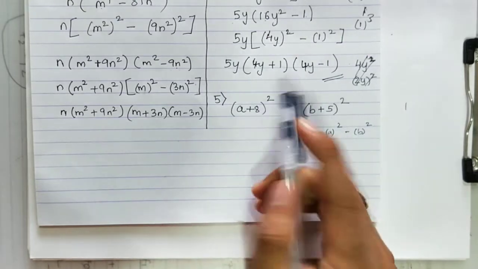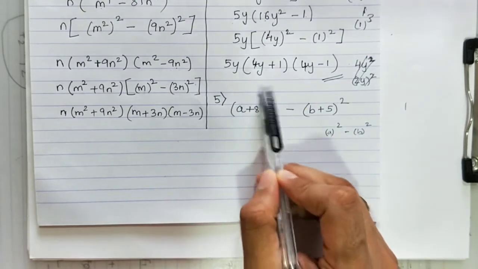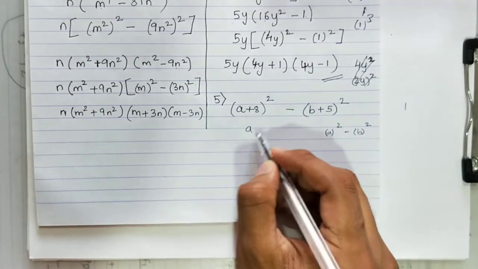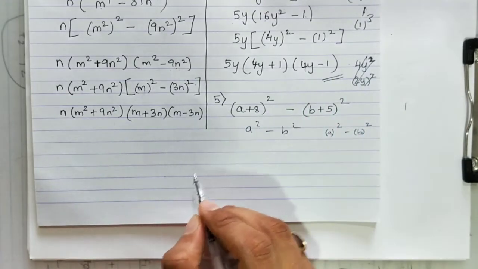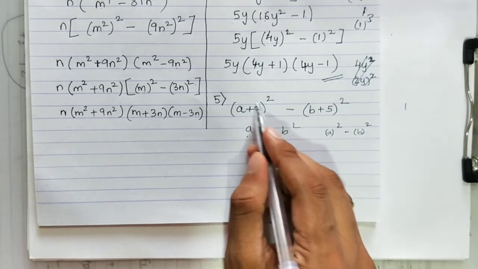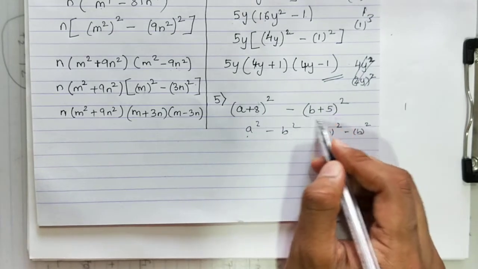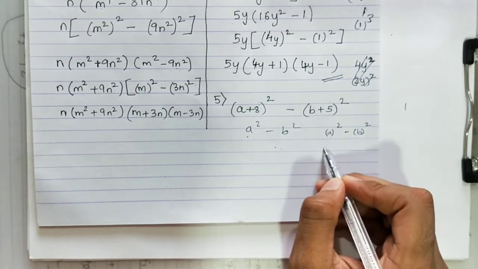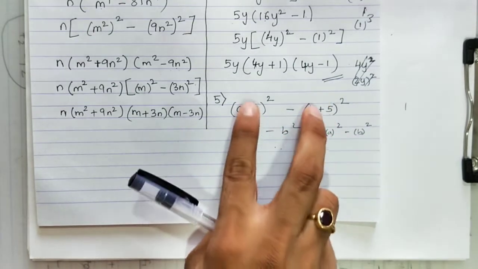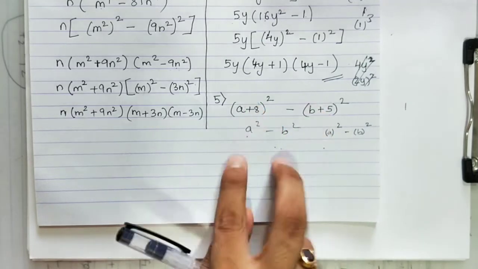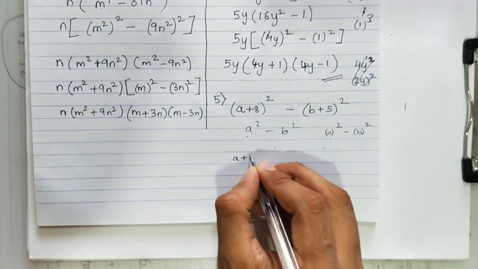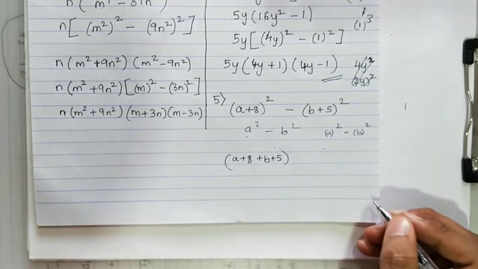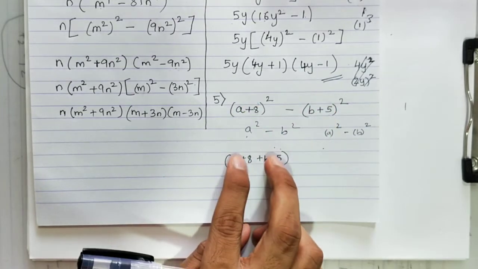So here we already have first bracket square minus second bracket square. You see carefully, a plus 8 is in first bracket square minus second bracket square. So this is already in the form of a square minus b square, where a is this full term and b is this full term. Okay, so formula says a plus b, a minus b, means add both the brackets, subtract both the brackets. So this will be a plus 8 plus b plus 5, adding both the brackets.